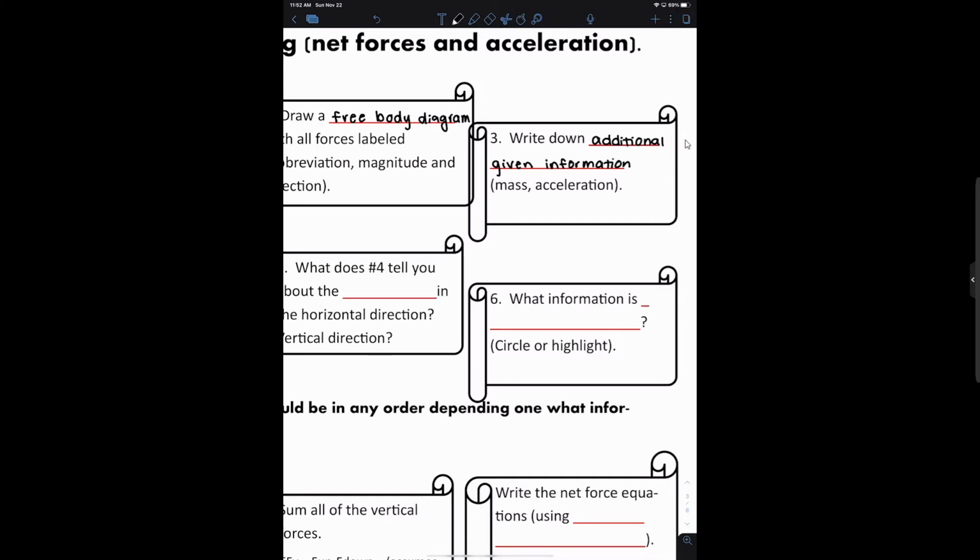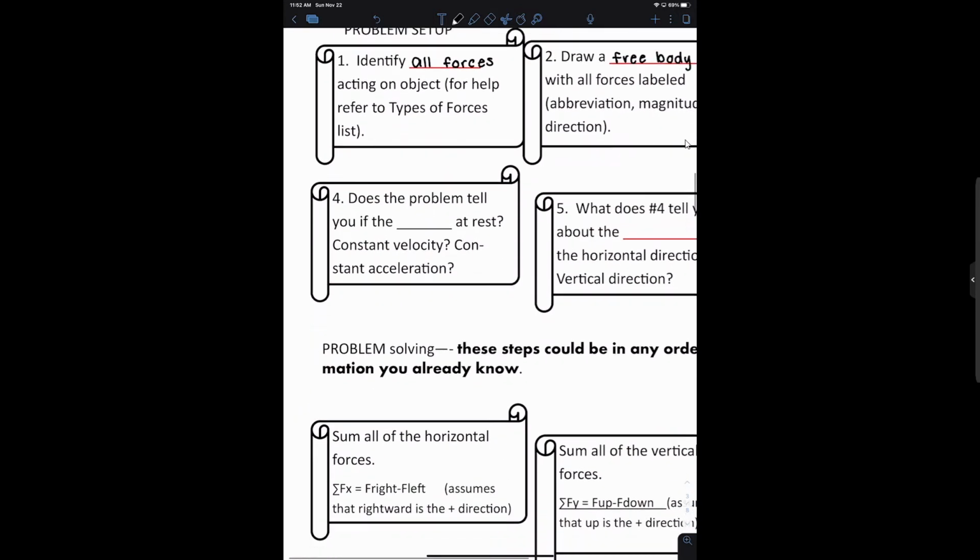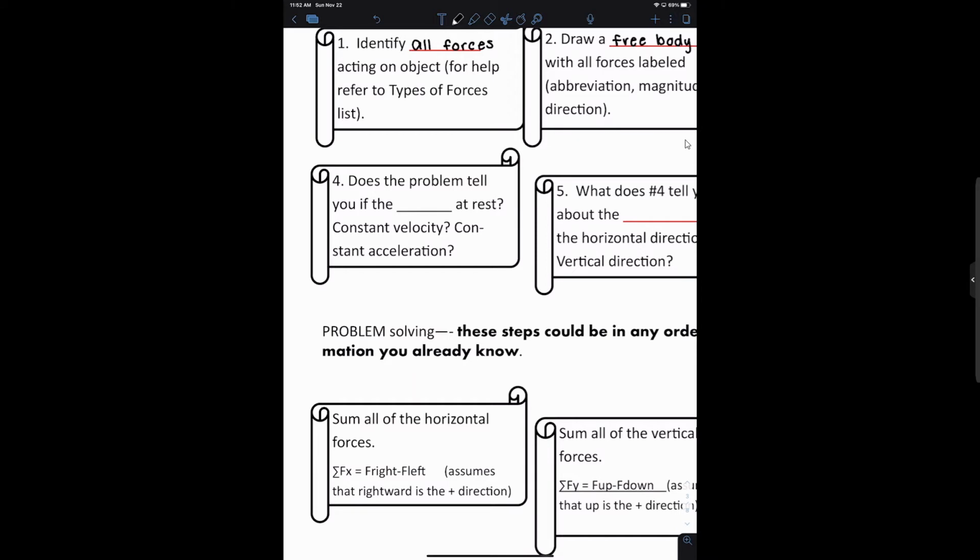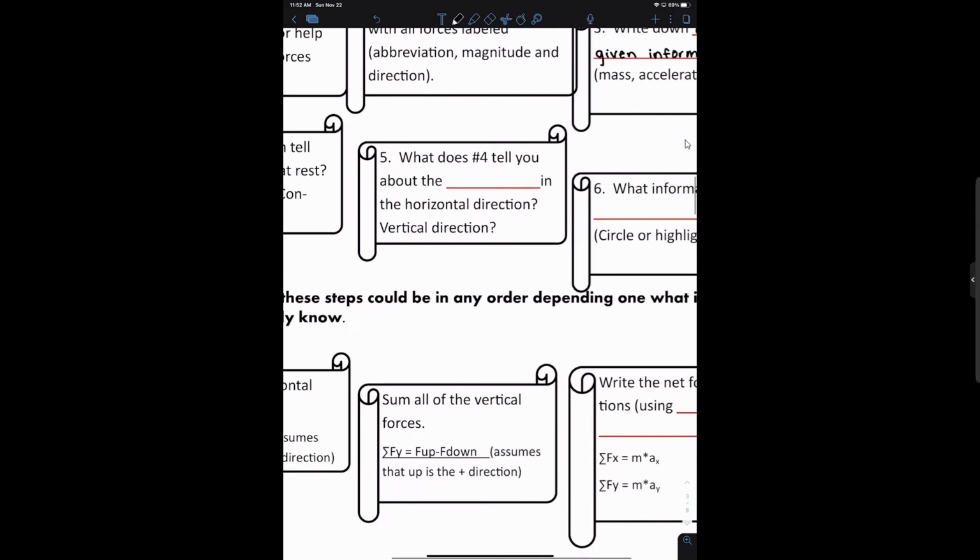Step 4, you're going to ask yourself, does the problem tell you if the object is at rest, or is it at constant velocity, or is it constant acceleration? Based on that information, that's going to help guide you through knowing what's balanced and what's not balanced. Step 5, what does the information from number 4 tell you about the acceleration in the horizontal direction?